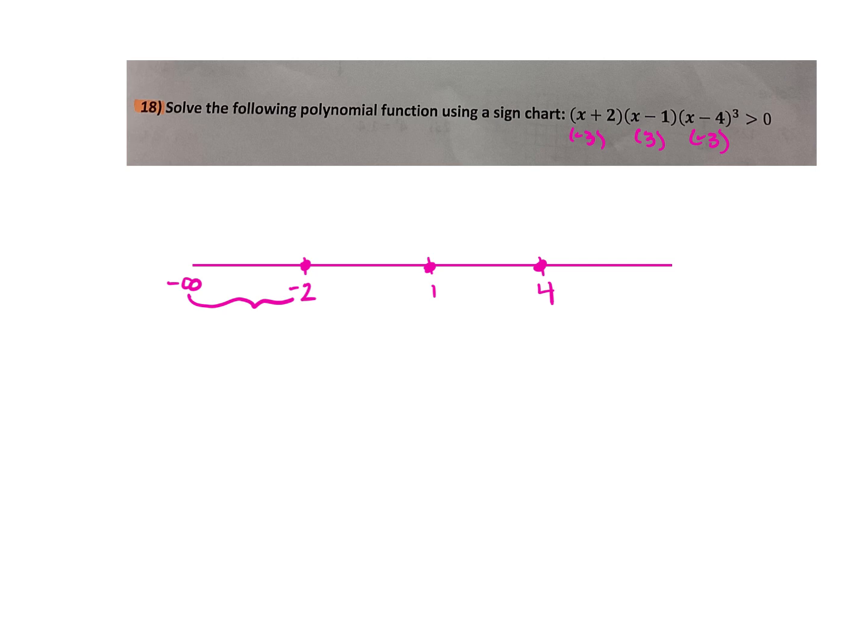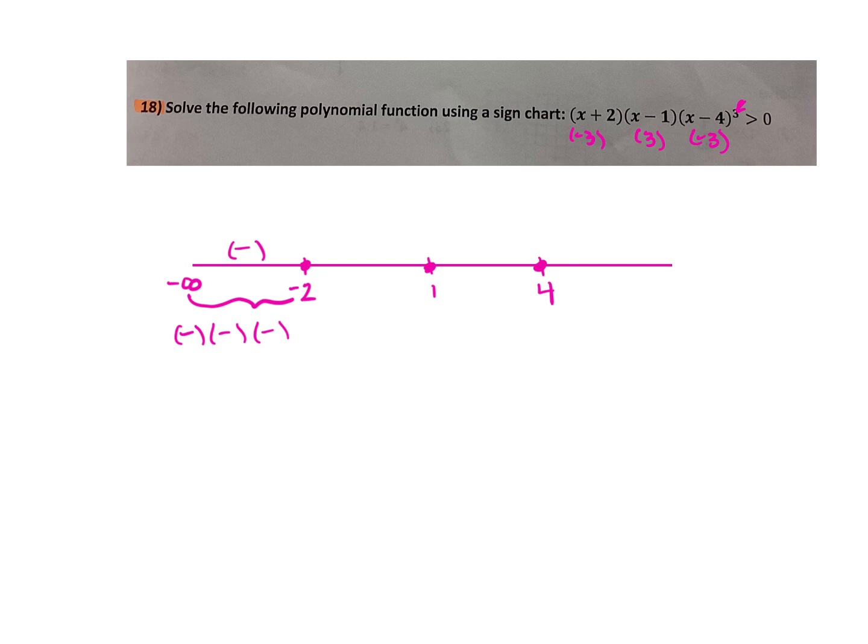So negative 3 plus 2 would be a negative. Negative 3 take away 1 more would also give me a negative. And negative 3 take away 4 more, even if I cube that, it's still going to come out negative because odd exponents don't change the sign. Only even ones do. So a negative times a negative times a negative means this interval would be negative. In other words, it'll be less than 0. So that one's not going to work.